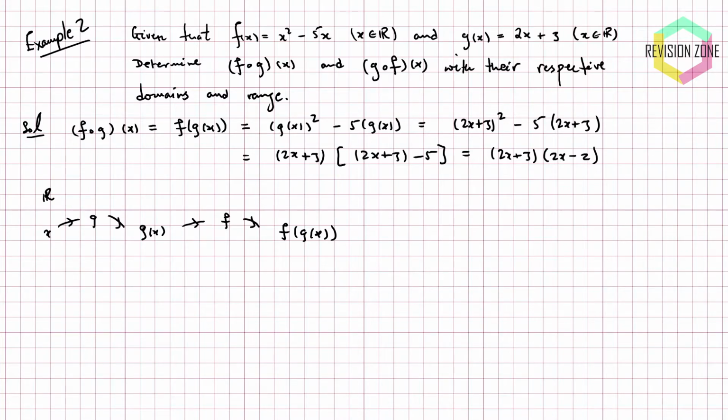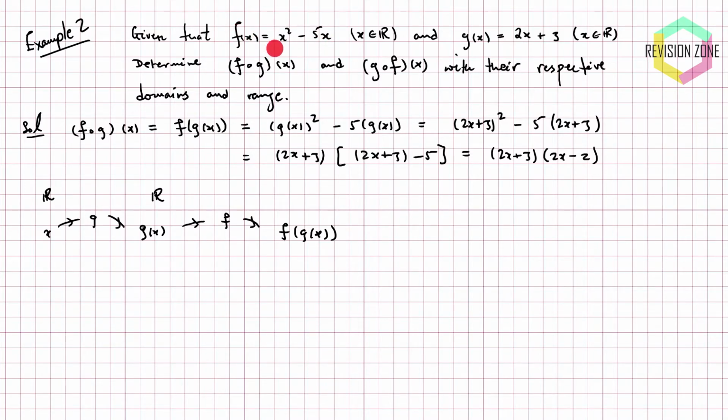But I know that for straight lines, every real number can be an input, and also every real number can be an output. So this is going to be just the reals. But now for f, I know that this domain here is compatible with the domain of f, because indeed we've got real numbers in both cases. And so the range here is going to be nothing other than the range for just f by itself.